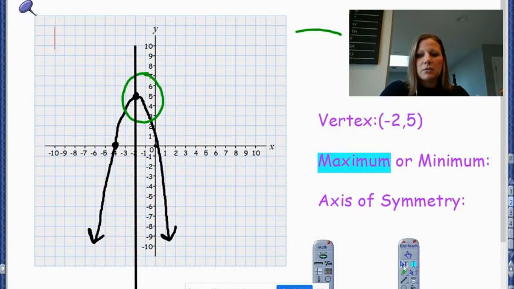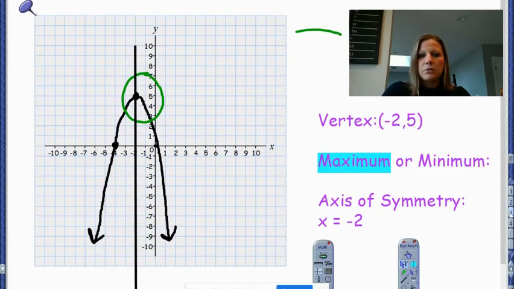So my axis of symmetry on this equation would be x equals -2, because I'm at the -2 on my x-axis right here, and my x equals line is parallel to my y-axis. So that is my axis of symmetry. If I fold my parabola in half, then the left side would match the right side.